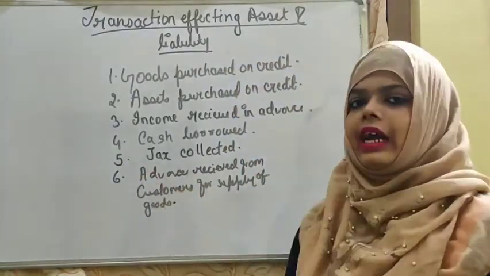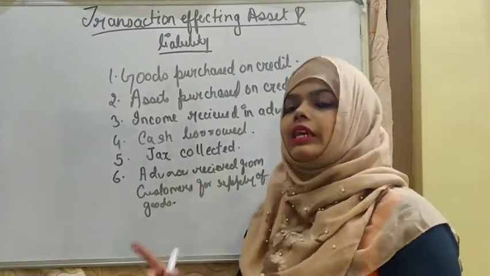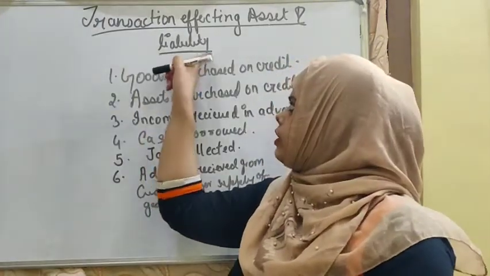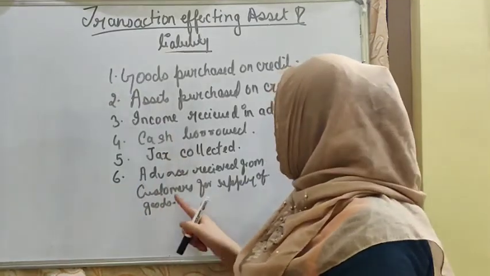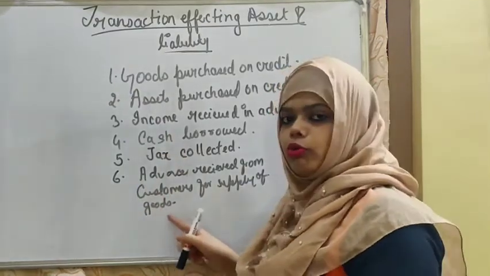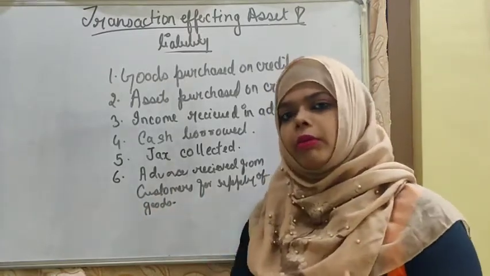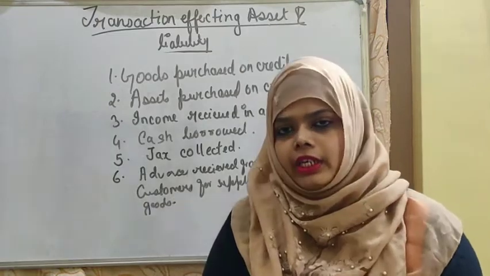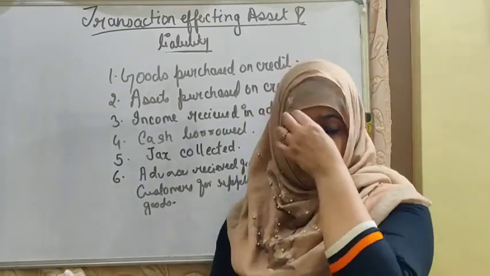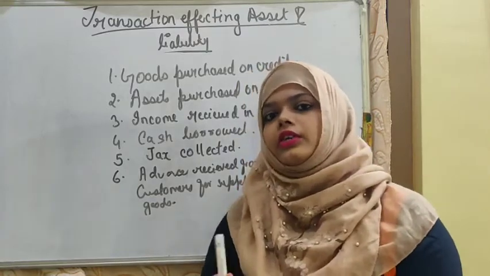Now, advance will come under the liability side of the transaction, whereas goods, to be supplied to the customers, come under the asset side. So if there is an advance payment for the supply of goods, it will be a liability for us. But the goods are involved, so it will come under the asset part of the transaction.